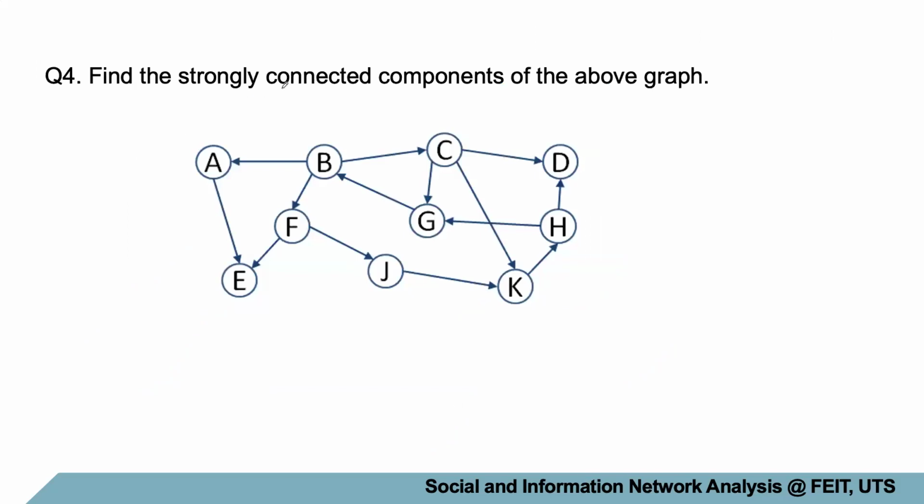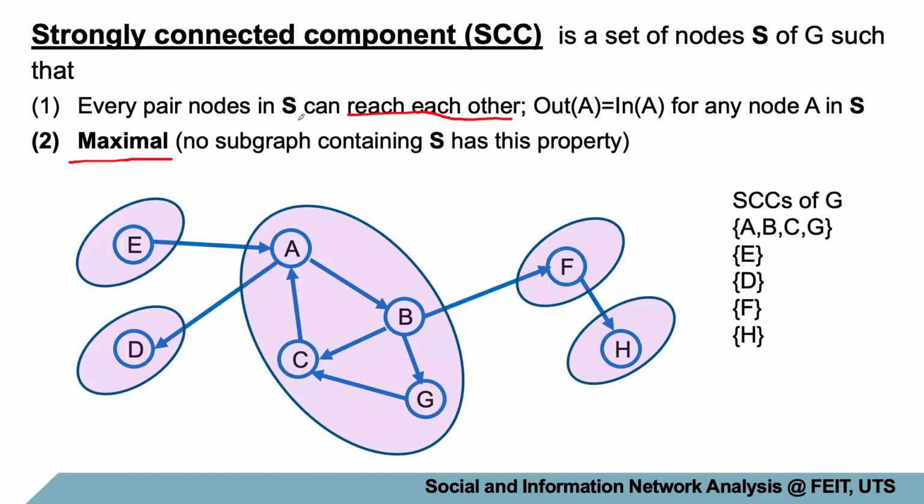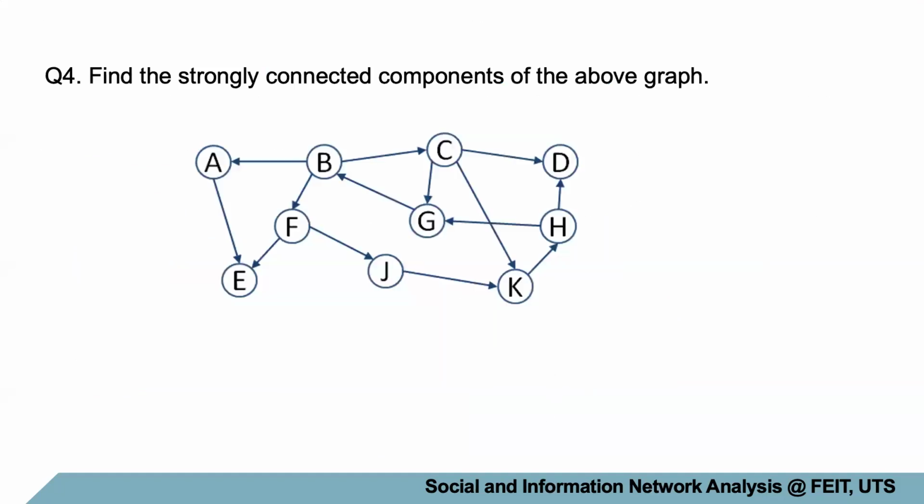To find the strongly connected components of the graph, like we introduced, one way is to find the out set and the in set of a vertex and intersect them, and then we have the SCC that this vertex belongs to.